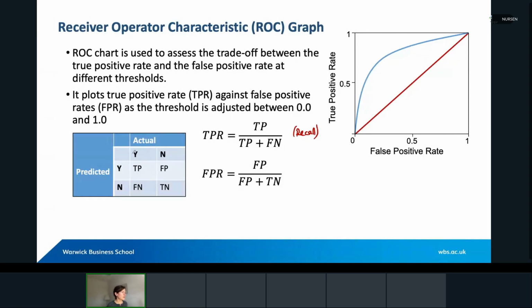So as you may remember, this part is related to recall: true positives divided by true positives plus false negatives. Out of all responders, the percentage of them identified correctly. And for the false positive rate, let me use another color.